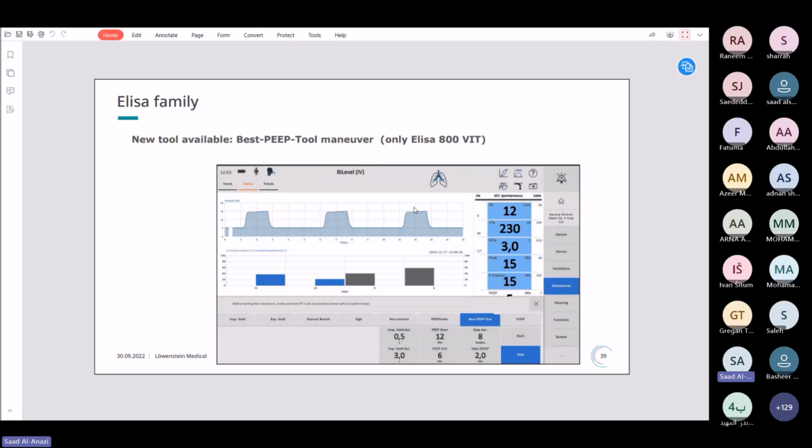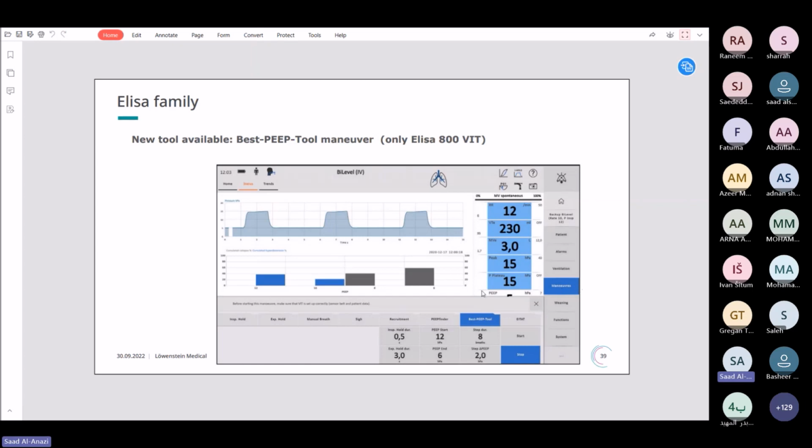There is something called the inflection point and the deflection point. The machine will look for the safest zone and the safest window for this patient. After that, it will give you a recommendation of how much PEEP should be selected for this patient. It's really a great tool for measuring the optimal PEEP for the patients.